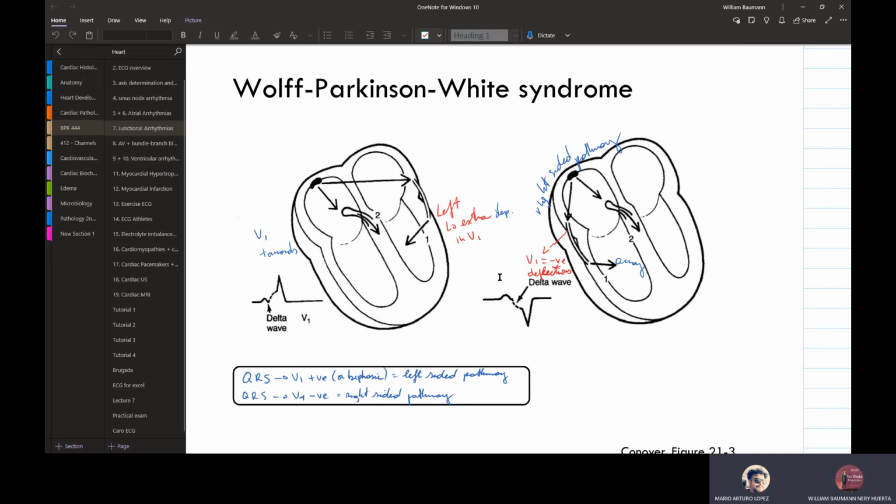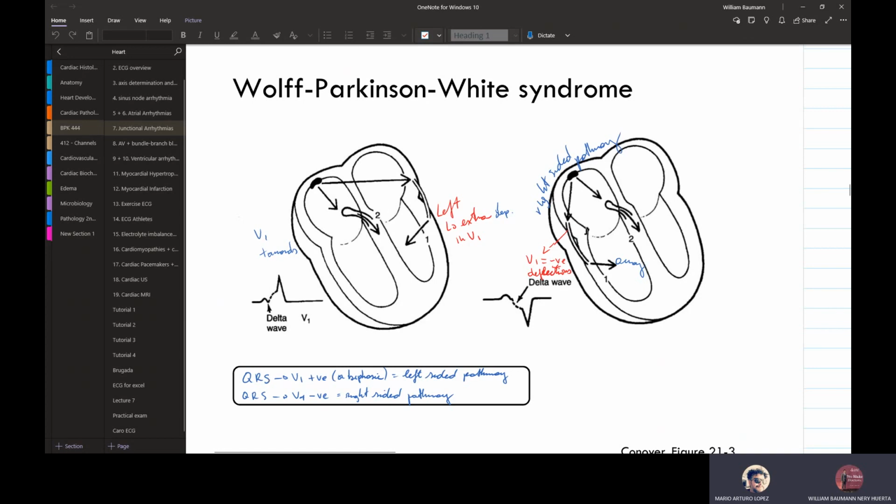Remember we talked about this? If it becomes biphasic, it means the electrical activity is shifted. The QRS is going to be positive or biphasic if it happens on the left side.